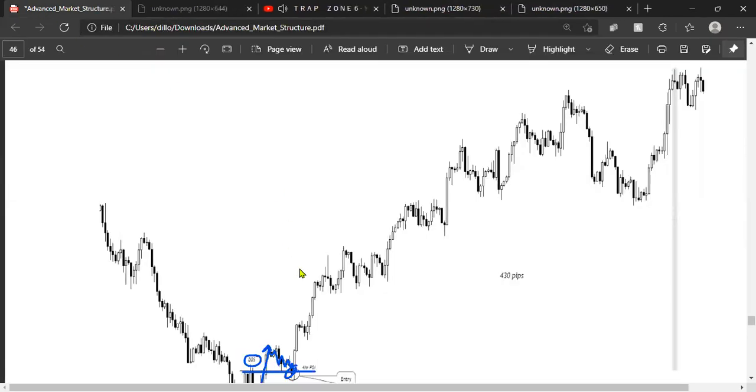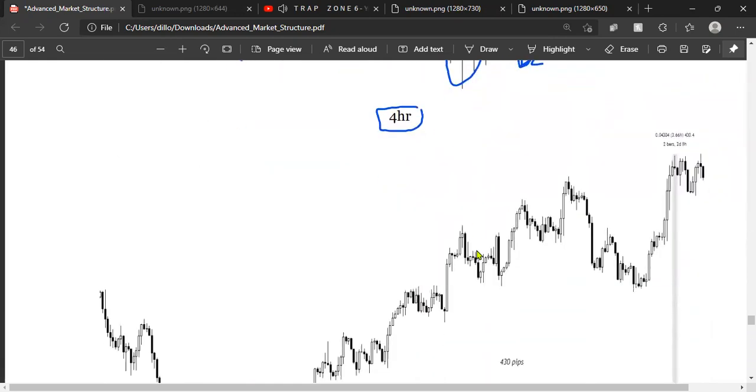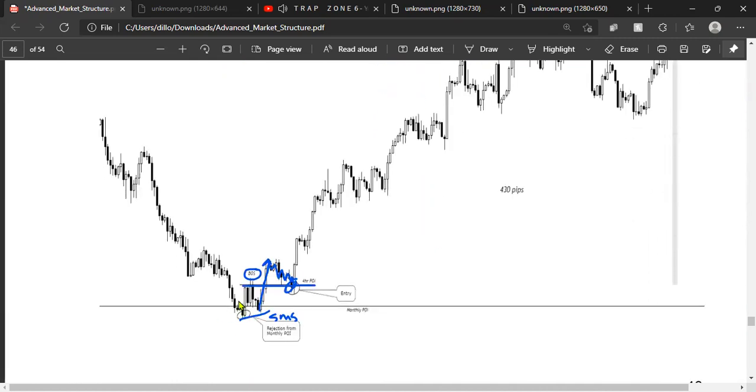So look, this is that monthly point of interest, right? And we see price give a break of structure to the upside from that monthly point of interest.